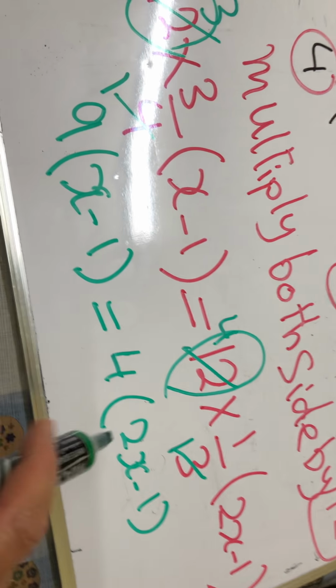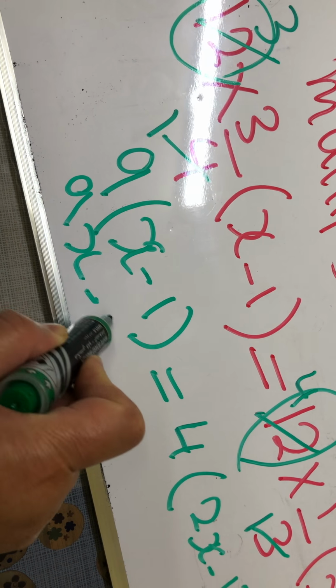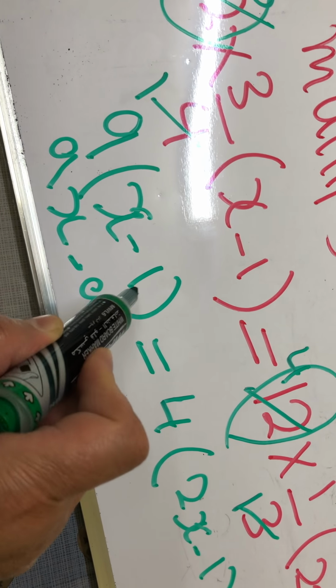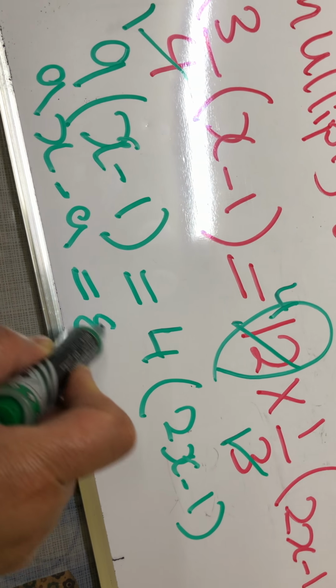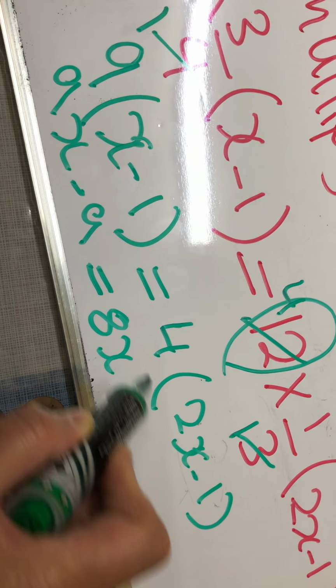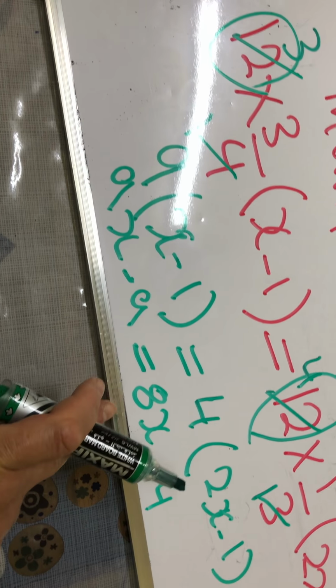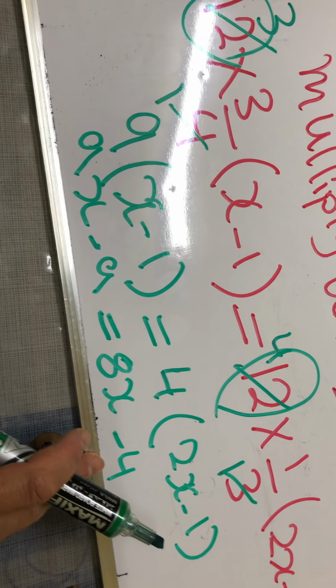Now make distribution. It will be 9x minus 9, x times 9 equal 9x, x times negative 1 equal negative 9, equal 4 multiply 2 equal 8x. 4 multiply negative 1 equal negative 4. Let's put x's aside and numbers to the opposite side.